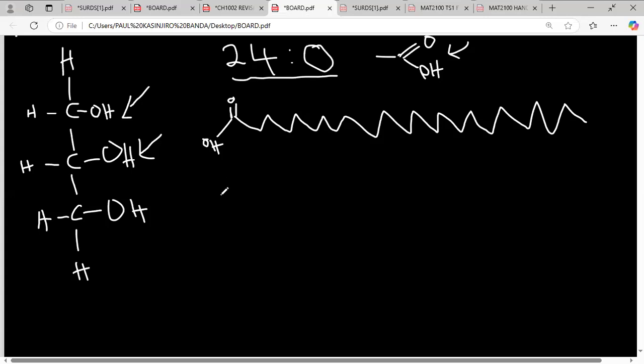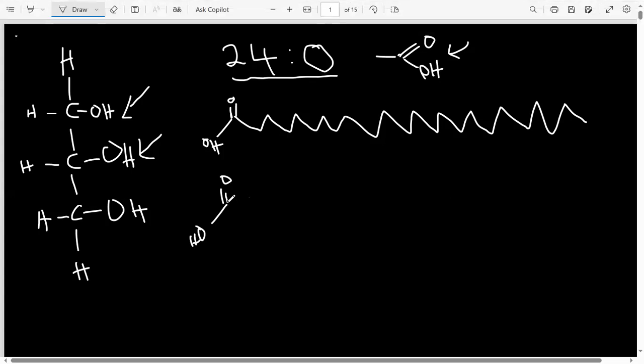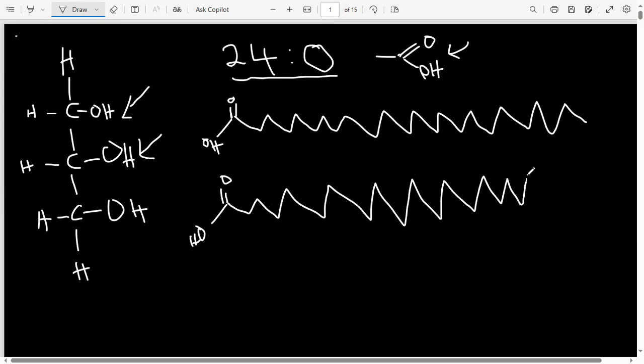First of all, we put the carboxyl group here, and then you have your O. Then let's draw a chain of 22 carbons. So the first one is right here. The next one will be 2, 3, 4, 5, 6, 7, 8, 9, 10, 11, 12, 13, 14, 15, 16, 17, 18, 19, 20, 21, 22.